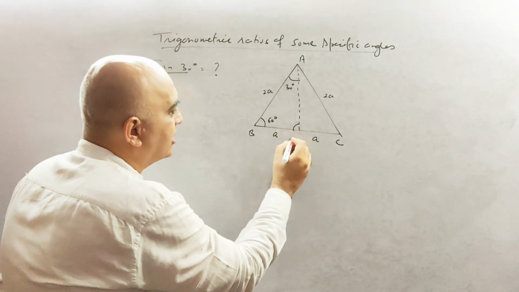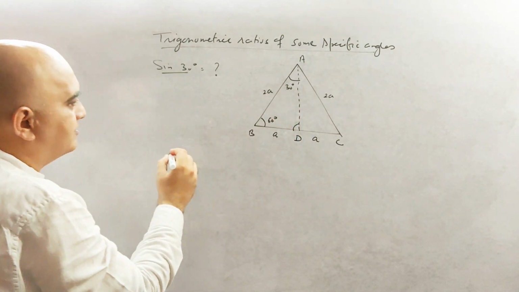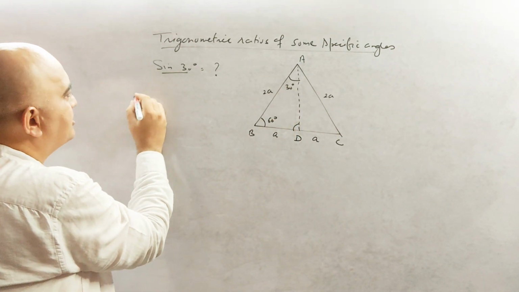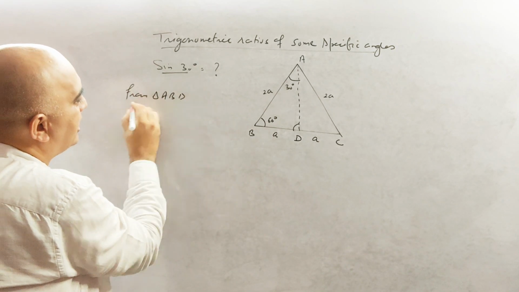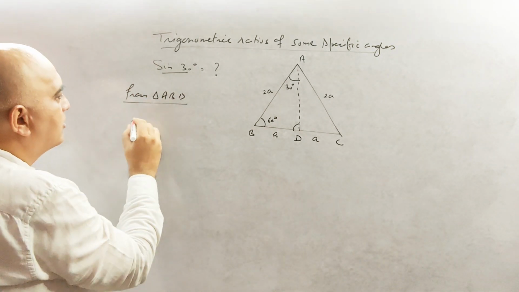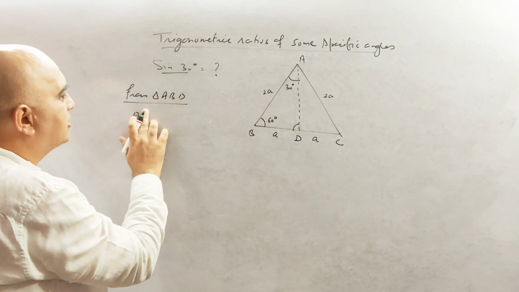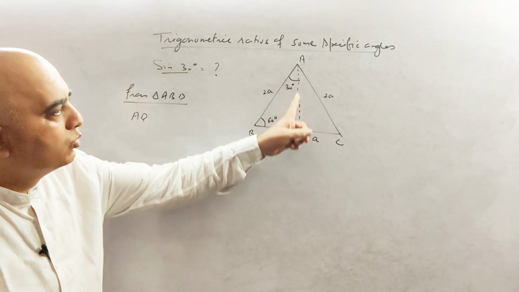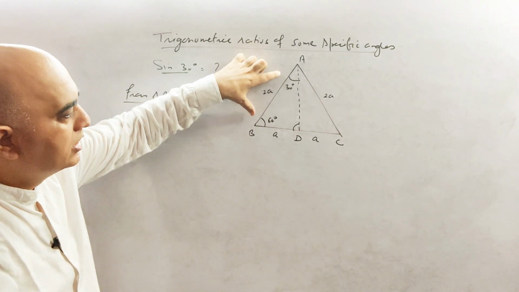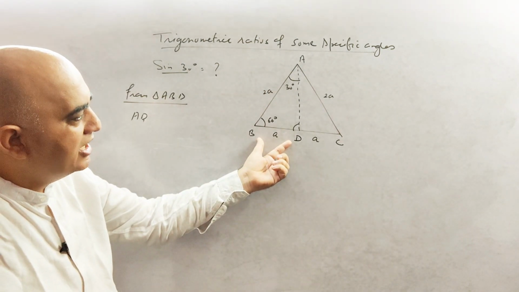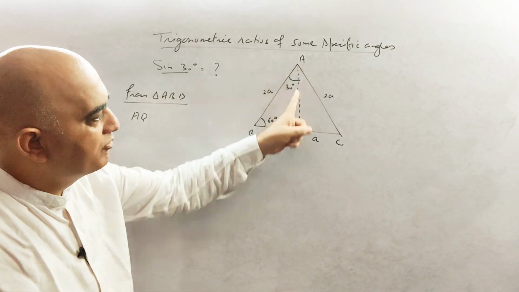So when we are taking this triangle ABD, we are interested to calculate the value of AD first. What is the value of AD? If we know the hypotenuse, that is 2a, and this is our base, that is a, how can we find out the value of the perpendicular?